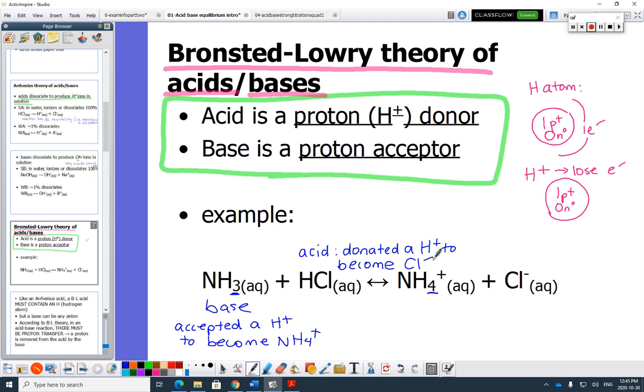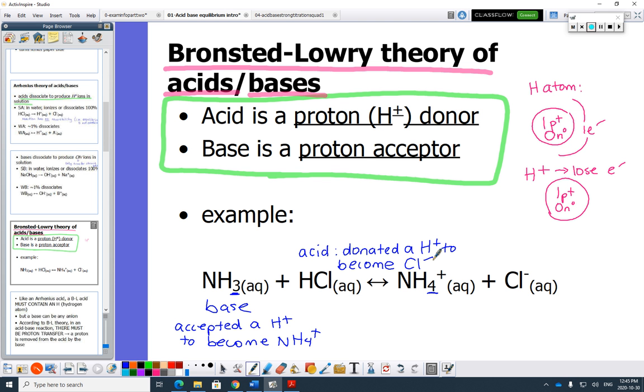If this is a base and it became this, then if you're going to go the other way, logically this can't be a base as well. That doesn't make any sense. It accepted a proton, but it's not going to accept again. That's not what happened, right? So this NH3 gained a proton to become NH4. Now this one is NH4.